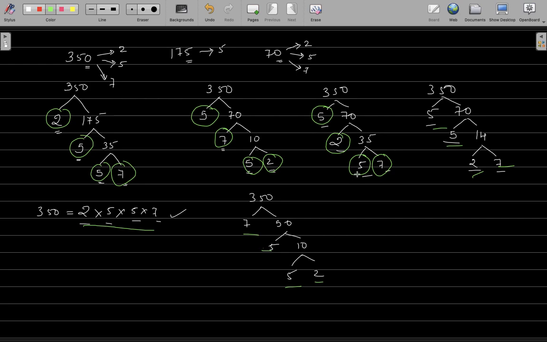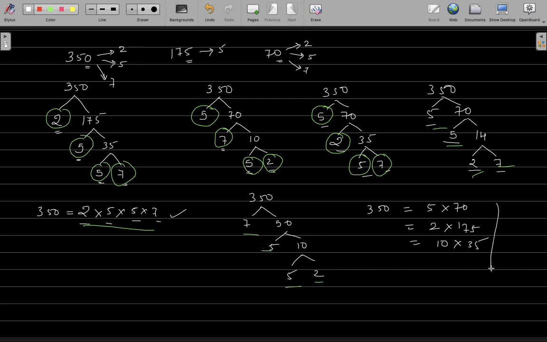This is the reason why we go for prime factorization of numbers. Why do you study prime factorization of numbers? If I ask you, can you please express 350 as a multiple of two numbers? I can think it as 5 times 70. You can think it as 2 times 175. Some other person may think it as 10 times 35.